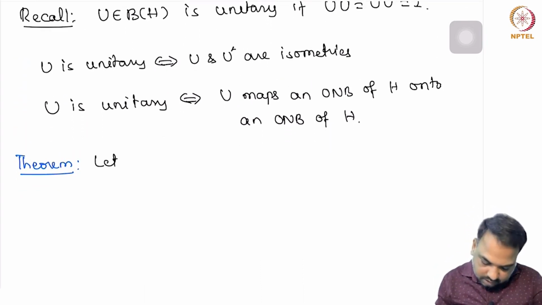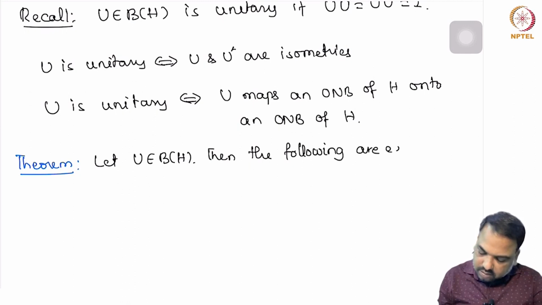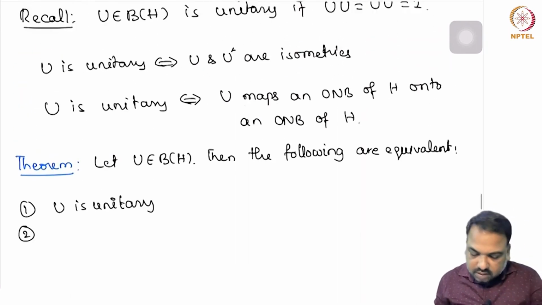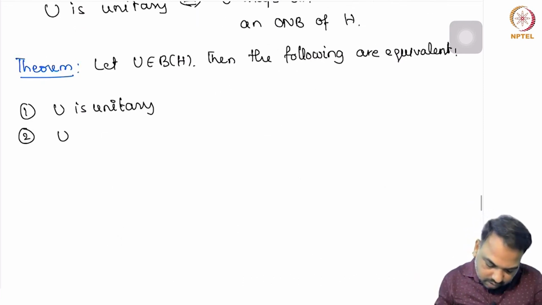So let us take U to be a bounded linear operator on H. Then the following are equivalent. U is unitary. The second one is, if U star U equals U U star is identity, U you can write as U double star, so from that we can conclude that U star is also unitary.